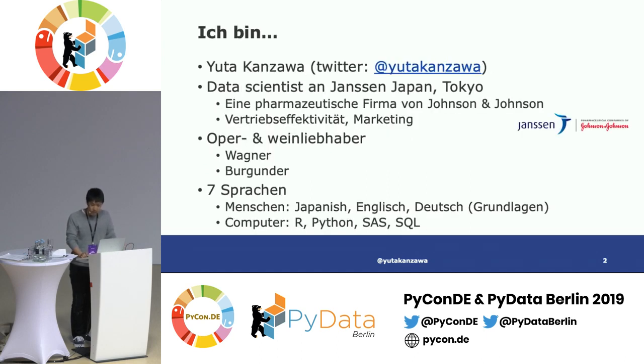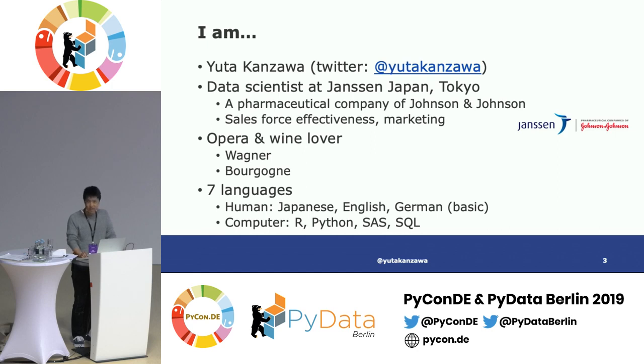Before we start, let me introduce myself shortly. Then English. Again, my name is Yuta Kanzawa. I'm from Tokyo, a data scientist at Johnson & Johnson. Technically, my company is Janssen Pharmaceutical, the pharmaceutical division of Johnson & Johnson, and I work in Tokyo.